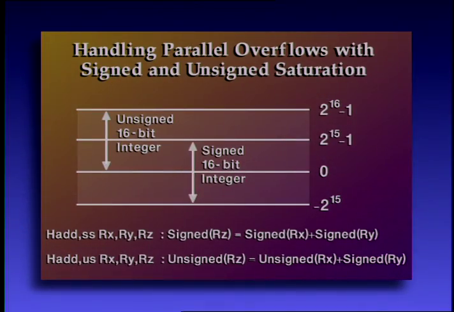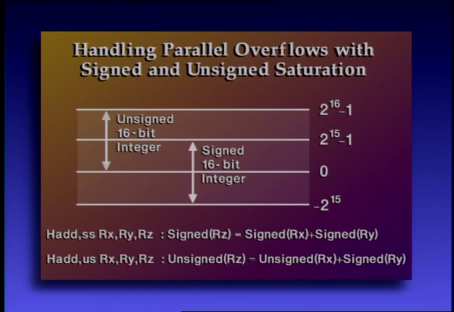In saturation arithmetic, if a result exceeds the maximum representable value, it is clipped to this largest representable value. On the other hand, if the result is smaller than the smallest number representable in the range of the result, then it is clipped to that smallest value. In the PA-RISC multimedia extensions, we have defined 2 types of saturation arithmetic. Signed saturation is defined as having both operands and the result be signed integers.